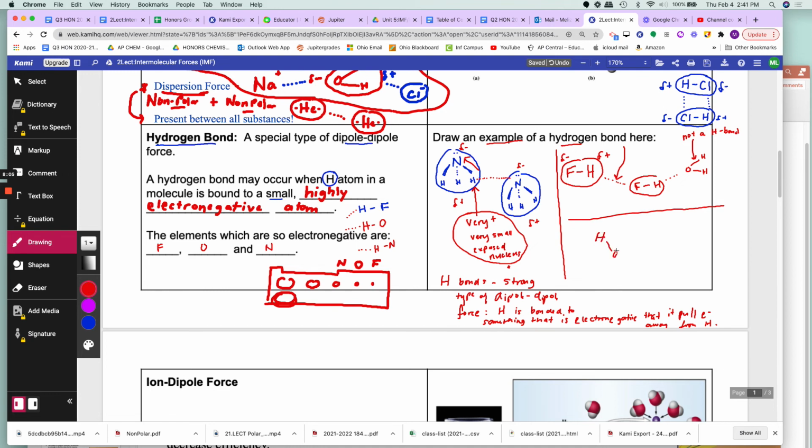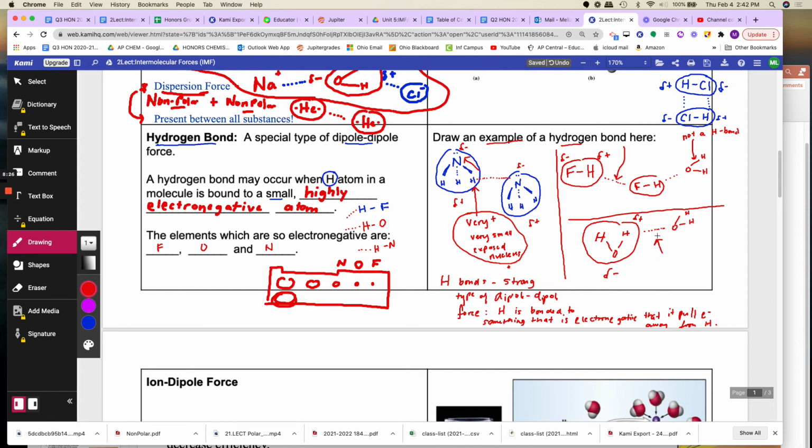I'm going to show you another hydrogen bonding, when H is attached to a very electronegative O. This O pulls electron density, making H very positive, causing the H to hydrogen bond with another water molecule, causing water's boiling point to be so high because this force is very, very strong.